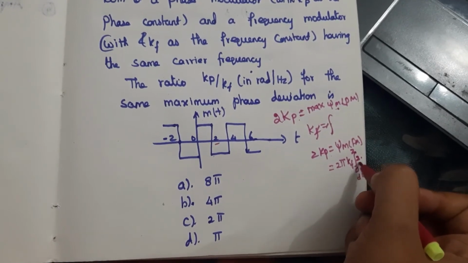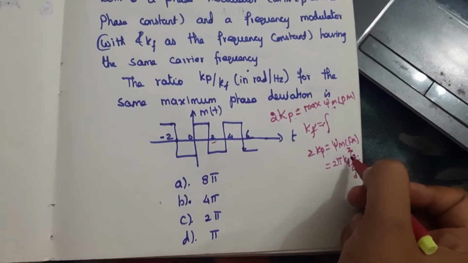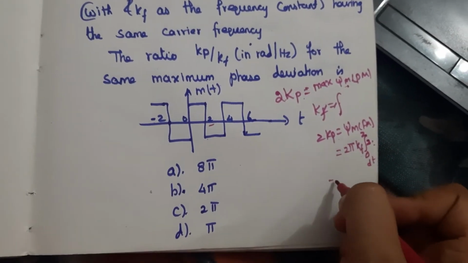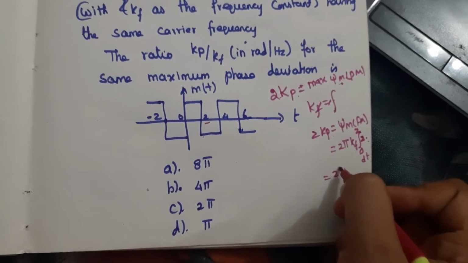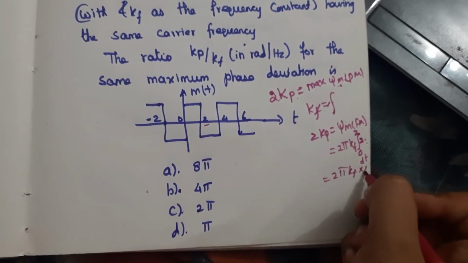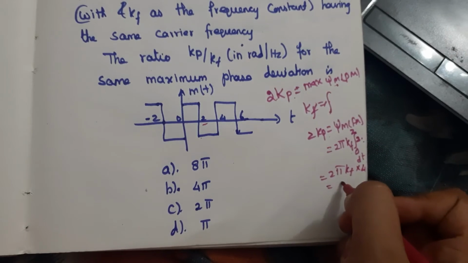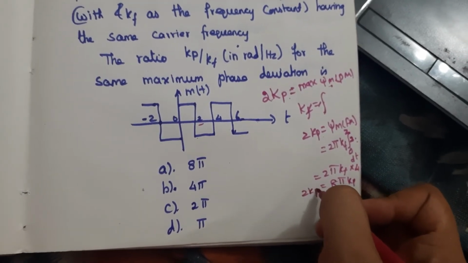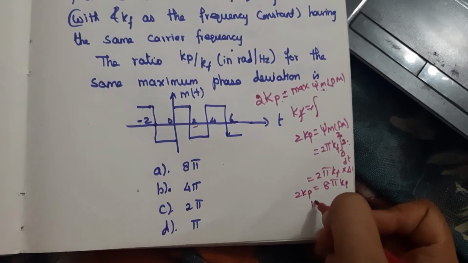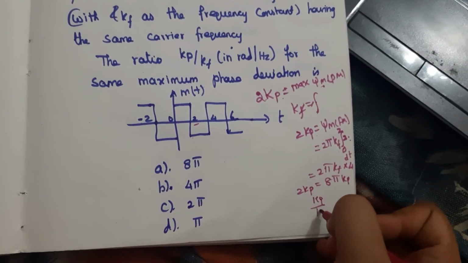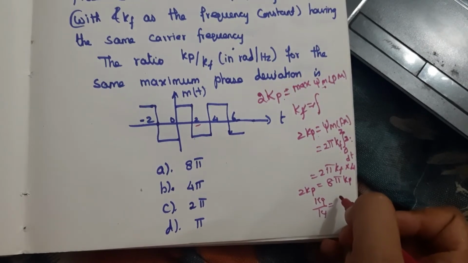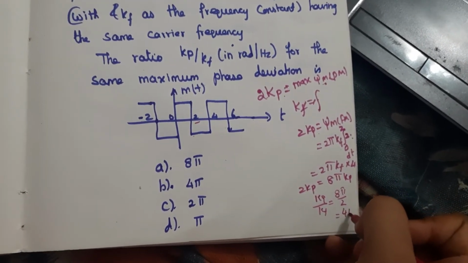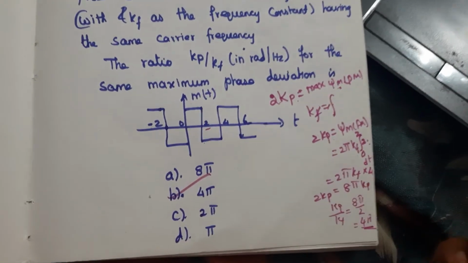So 2 pi kf into 4 gives 8 pi kf, and this is equal to 2 kp. From that we can find kp divided by kf is equal to 8 pi divided by 2, which is 4 pi. So here the answer is B, 4 pi.